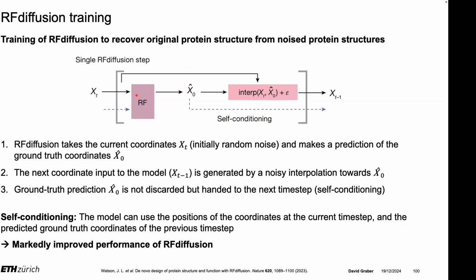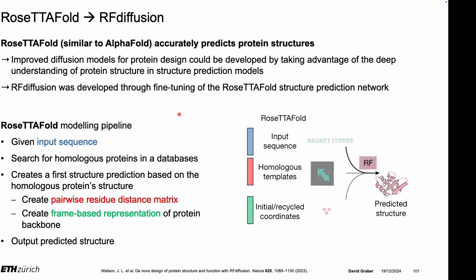And another reason for this model to be trained in this way, always predicting the ground truth structure of the protein, is that it's actually based on a protein folding model. So it's based on Rosetta fold, which is similar to AlphaFold. So a model that takes a protein sequence and predicts its 3D structure, and it's with similar accuracy as AlphaFold actually.